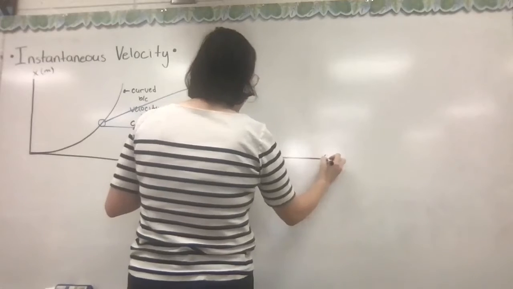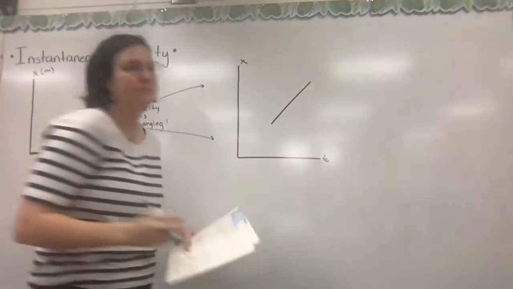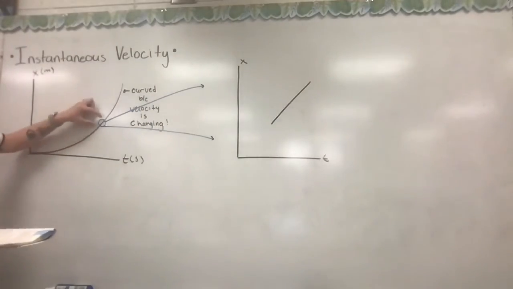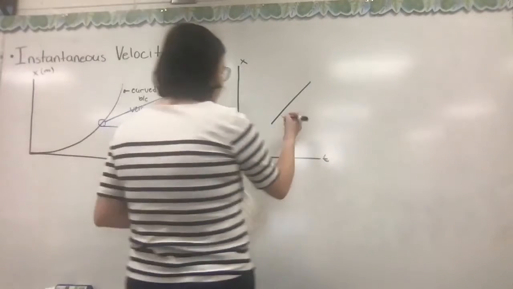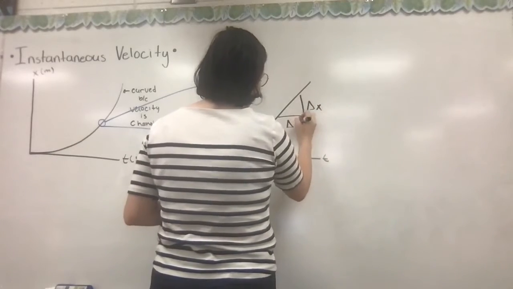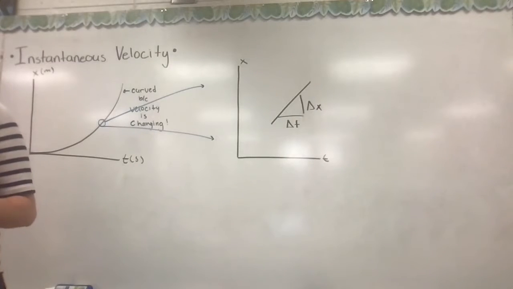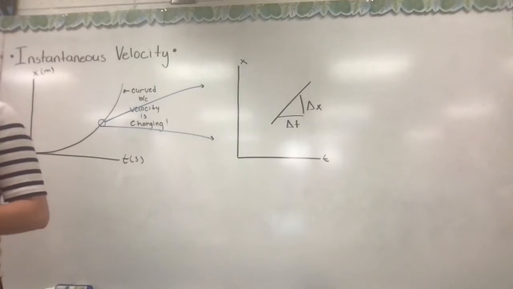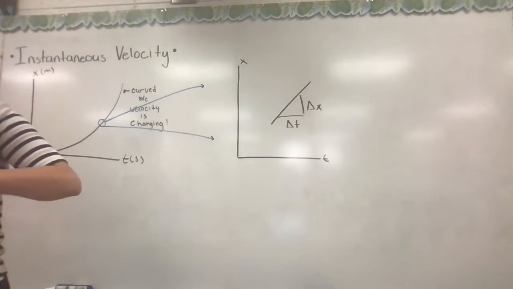So if you were to blow it up, you would have some sort of straight line. And with that straight line, we would have what we're used to with velocity. We would have rise over run, and that would be delta x over delta t. And you guys know how to find the slope of one of those kinds of lines, right? Okay, so this is our very, very small segment at a little point. And like you guys said, it's essentially a straight line.